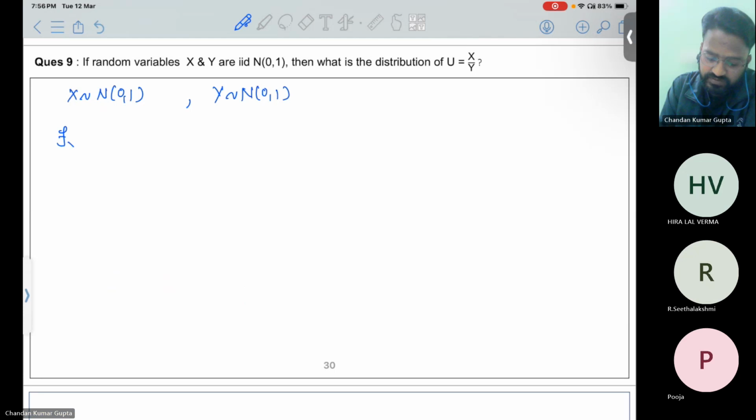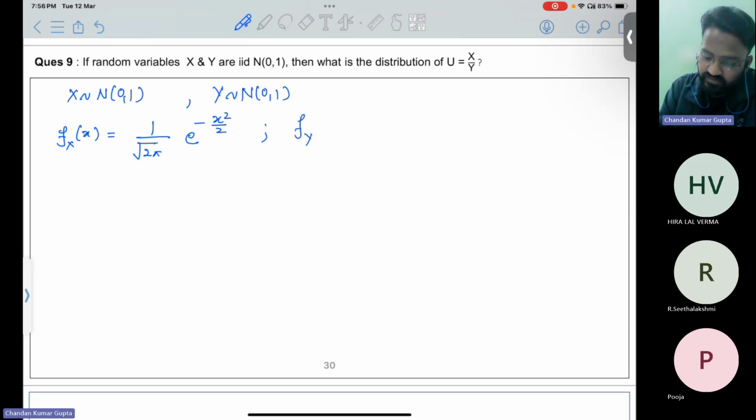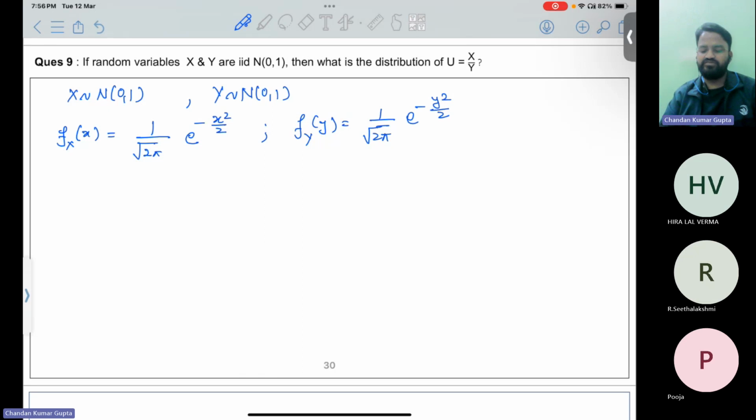So that means f of x is equal to 1 upon under root 2 pi, with sigma equal to 1, e to the power minus 1 by 2, that is x square by 2. Similarly, f of y is also 1 upon under root 2 pi e to the power minus y square by 2. And x from minus infinity to plus infinity, y from minus infinity to plus infinity.